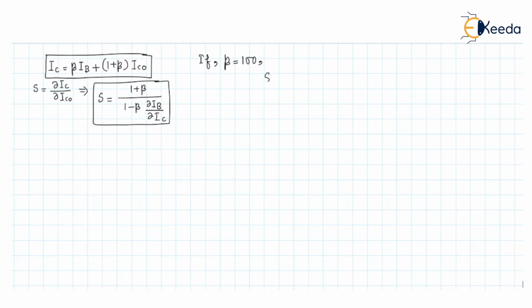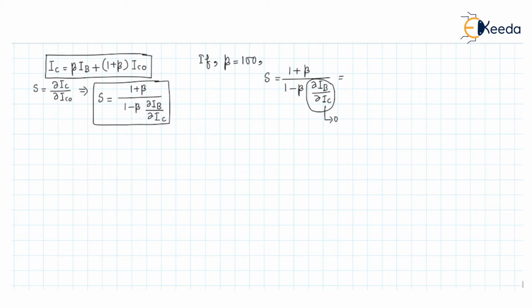Then we can find the stability factor as 1 plus beta divided by 1 minus beta del IB by del IC, and this del IB by del IC, the change of IB with respect to IC in the transistor, is 0 for this operation.